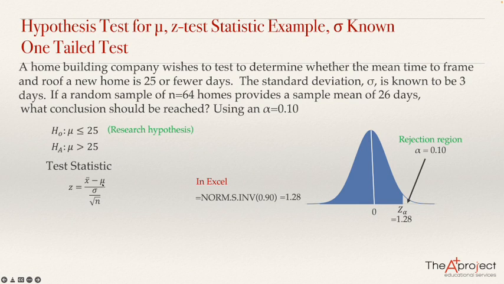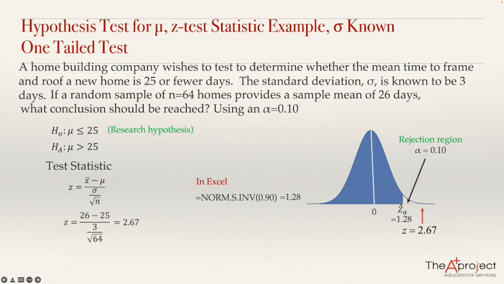So put here 25. Sigma is known to be 3, so put here 3 and divide by the square root of n, that is the size of the sample. And we know that n equals 64. So make the substitution: 26 minus 25 divided by 3 over the square root of 64. And that gives you 2.67. Because this 2.67 is greater than 1.28, it will be a number to the right of 1.28.